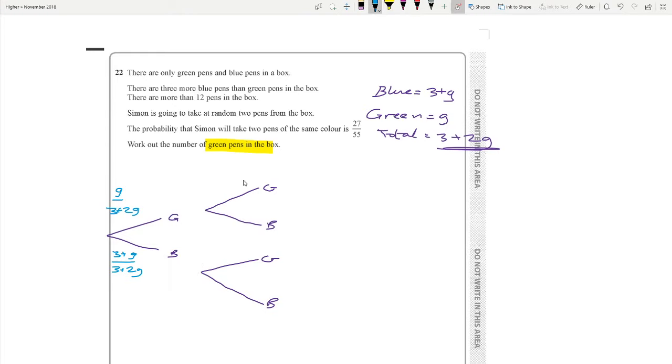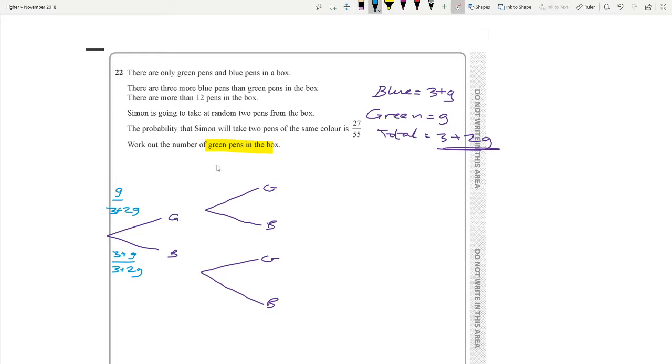Second pick. Now the question doesn't say explicitly, but you have to understand it from the question. He's going to take at random 2 pens from the box, so there's no replacement here. So if the first pen he took was a green pen, then there's 1 less green pen in the box, isn't there?